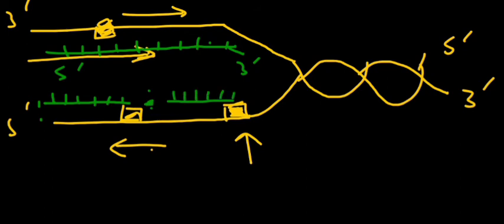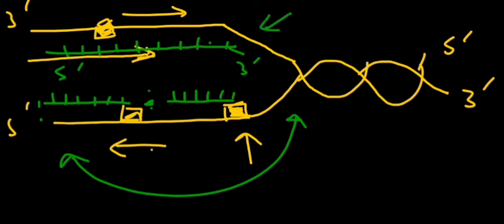This strand, which runs from 5' to 3', produces discontinuous strands, while the other one produces continuous strands. So we can say DNA replication is semi-discontinuous.